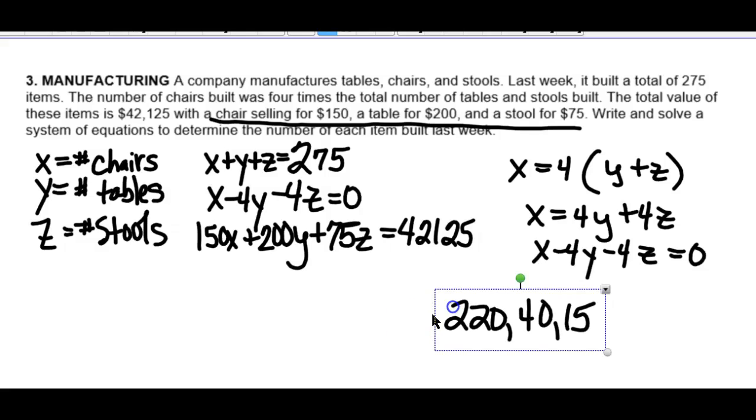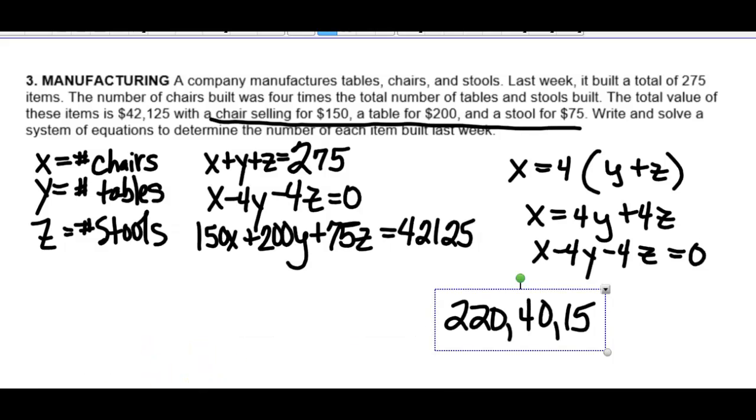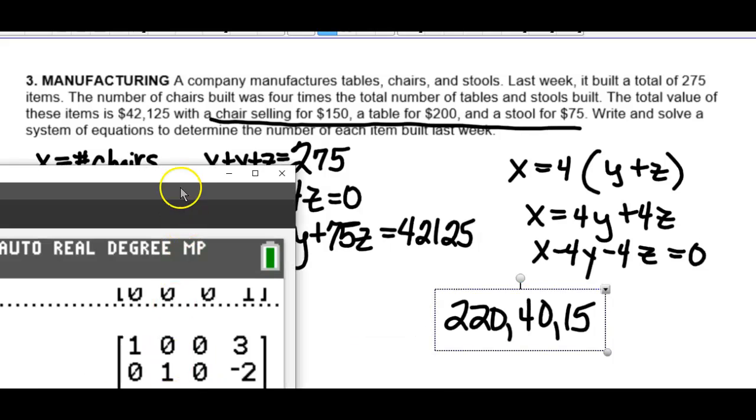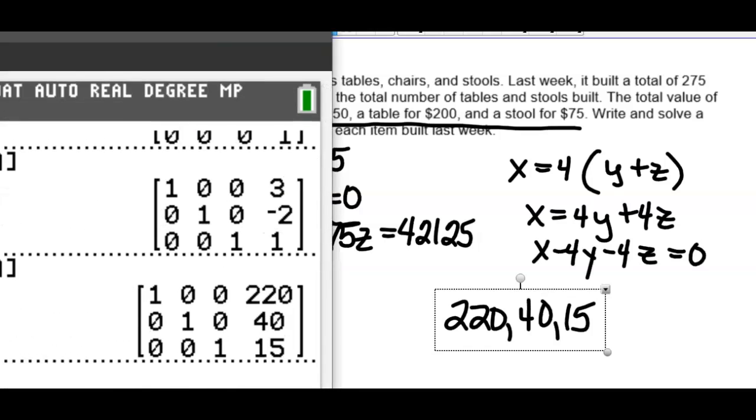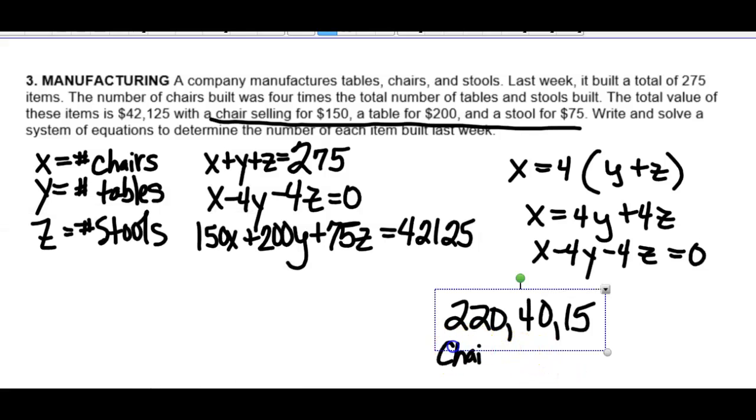Several, not like a ton. Okay, did I get that written down right? 220, 40, and 15. So 220 was chairs, 40 was tables, and 15 was stools.